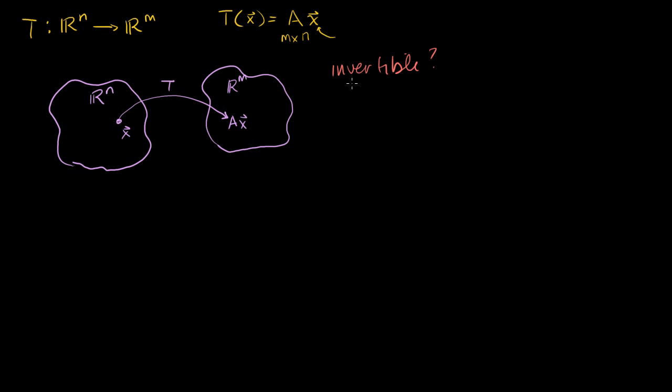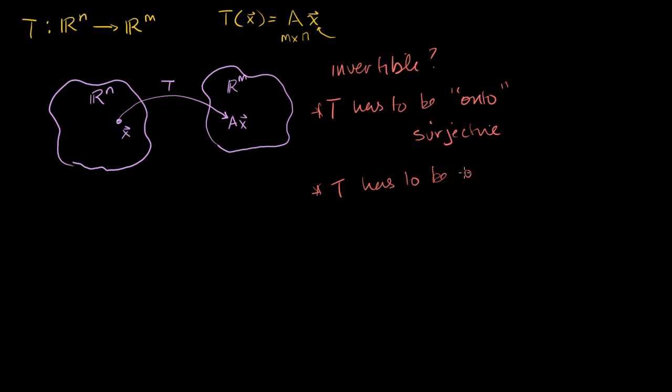We learned in the last video that there are two conditions for invertibility. T has to be onto, or the other word was surjective. That's one condition for invertibility. And then T also has to be one-to-one.